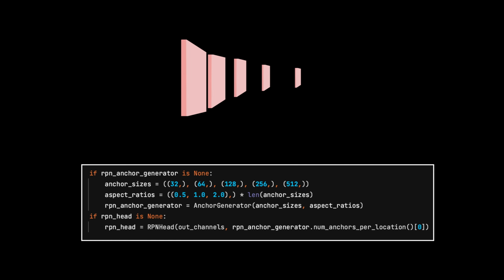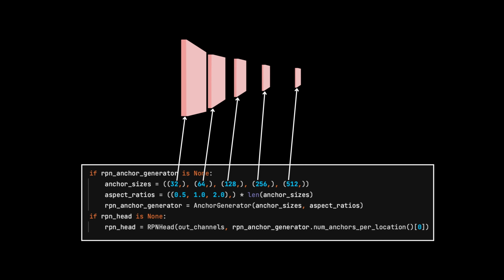Remember, we have 5 feature maps. So what this means is that the first feature map is responsible for making predictions for anchor boxes of scale 32, second of 64, third of 128, fourth of 256, and the last one is responsible for making predictions for anchor boxes of scale 512.